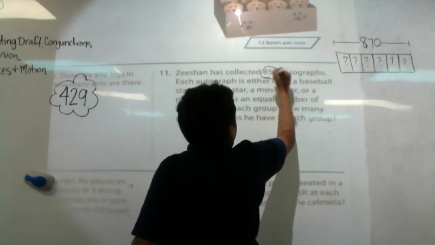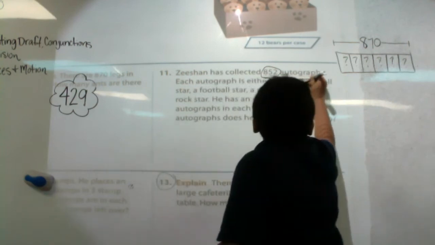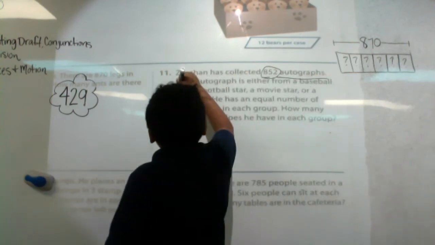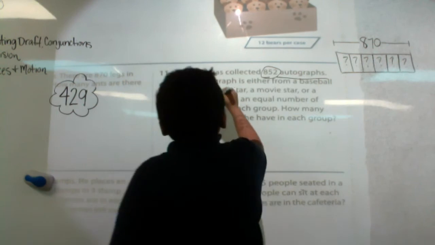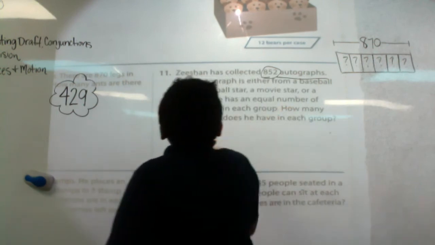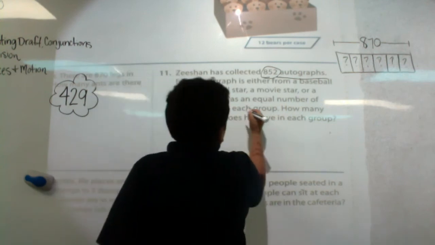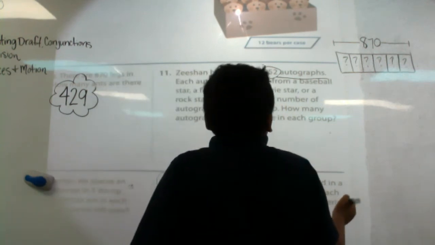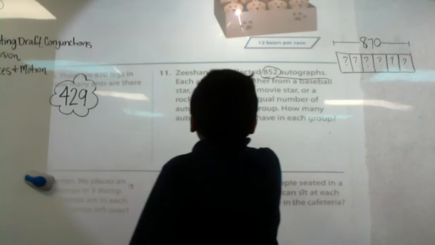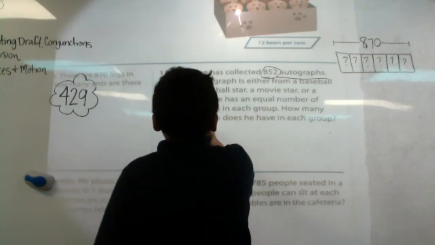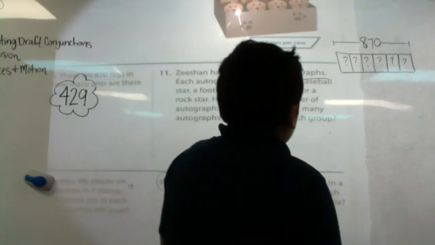Each room has collected 852 autographs. Each autograph is either from a baseball star or a football star, a movie star or a rock star. He has an equal number of autographs in each group.